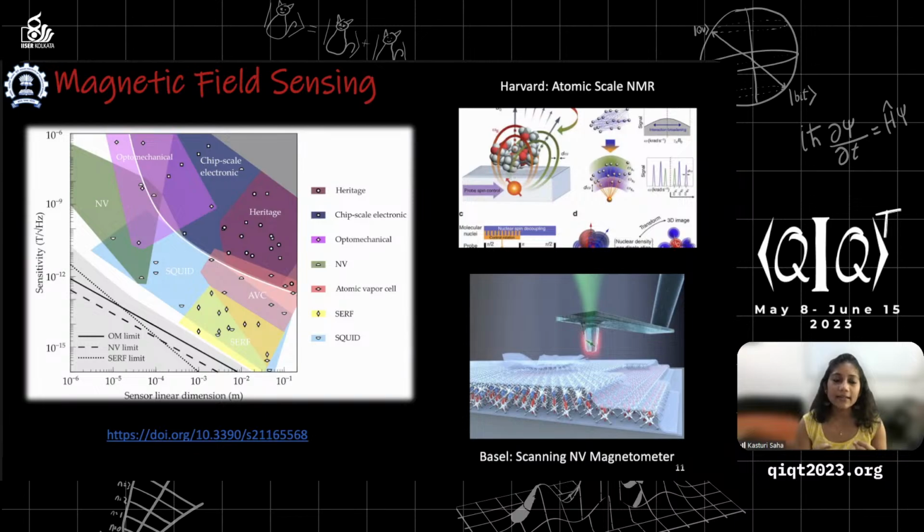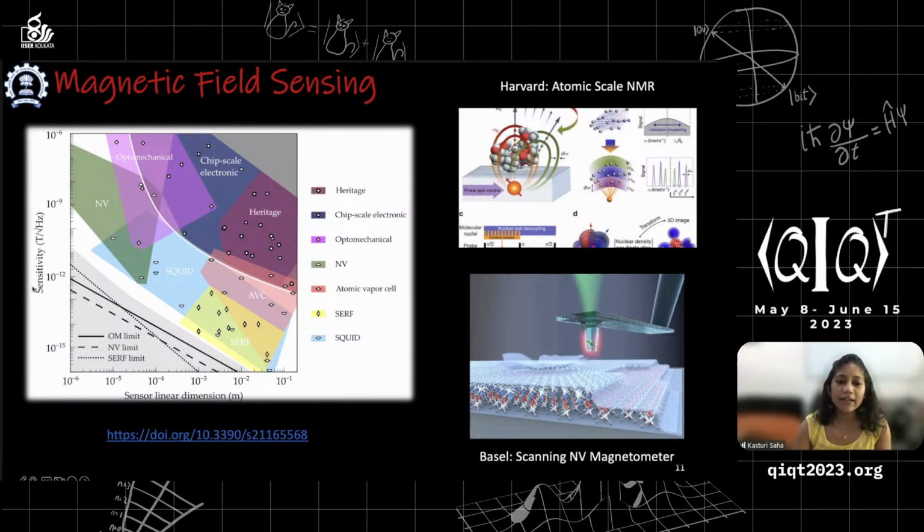There NV centers play a key role in magnetic field sensing, where you can map out the magnetic field near the NV center. So it can be used like an imager, unlike atomic vapor magnetometers, which are like a bulk sensor: you get very high sensitivity, but you can't really use them for imaging or any of that.